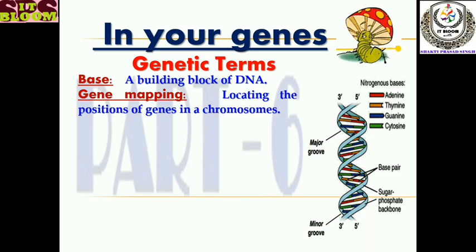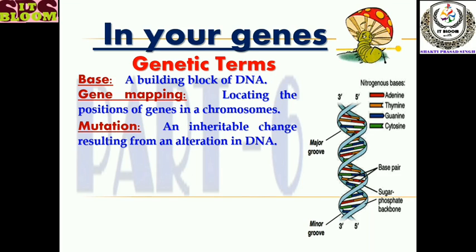What is gene mapping? Locating the position of genes in a chromosome is called gene mapping. And bases are made up of 4 chemicals: adenine, thymine, guanine and cytosine, as I said in the previous video.